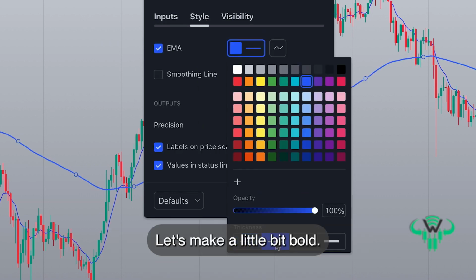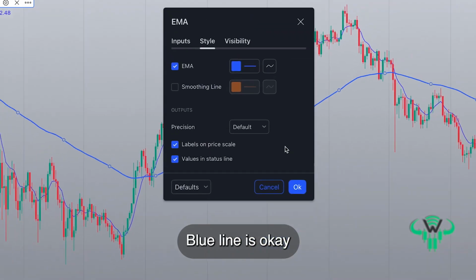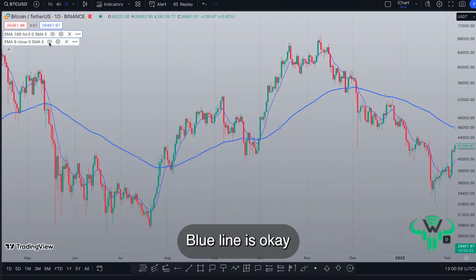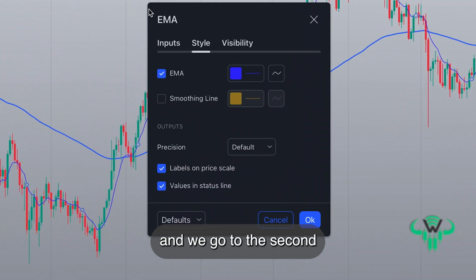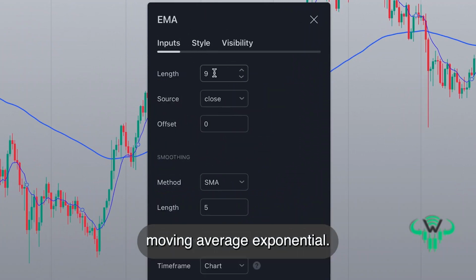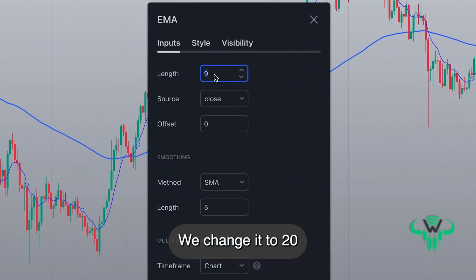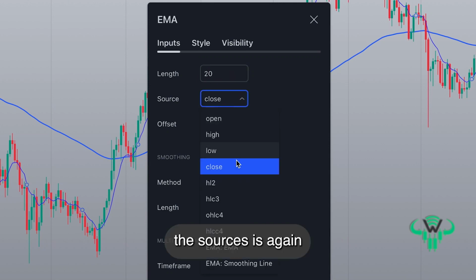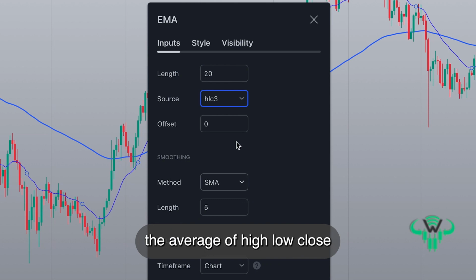Let's make it a little bit bold. Blue line is okay. And we go to the second moving average exponential. We change it to 20. The source is, again, the average of high, low, close.